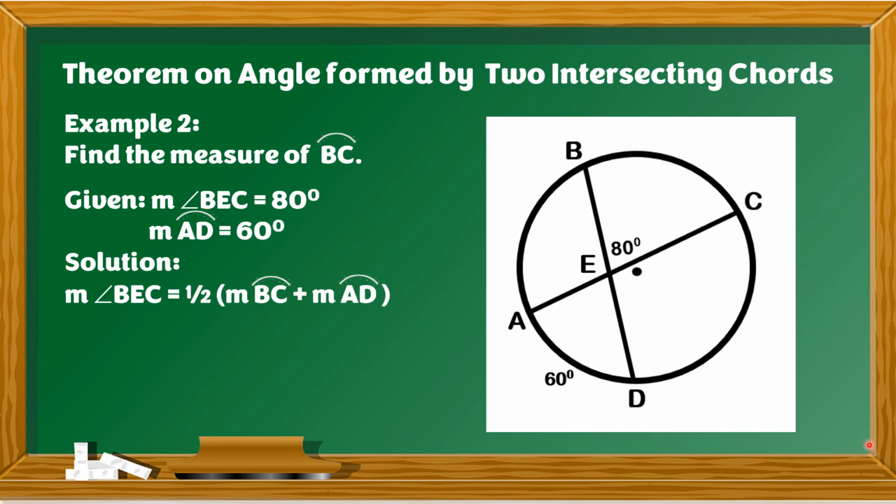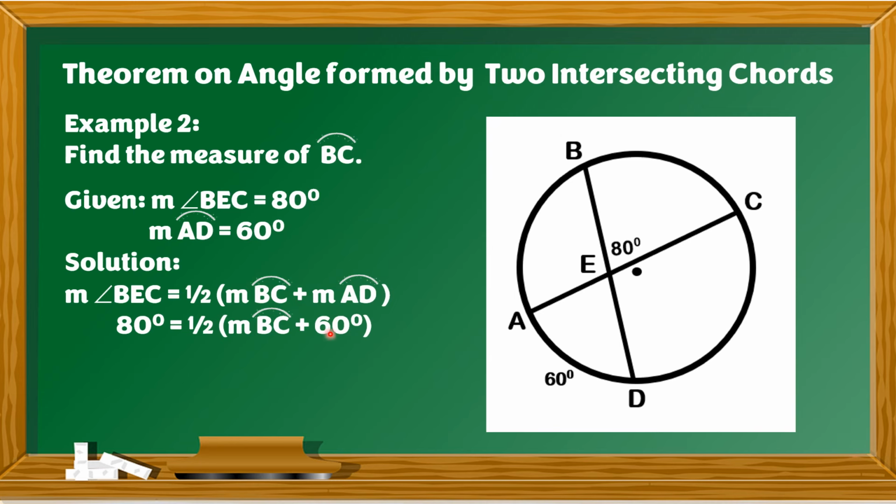So by applying now the theorem on angle formed by two intersecting chords, we're going to substitute the value of angle BEC and the value of arc AD. And we have now the equation 80 equals 1/2 times the measure of arc BC plus 60 degrees.